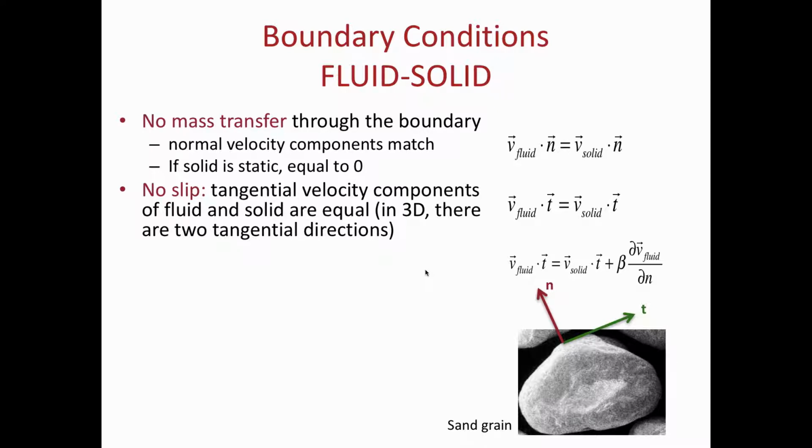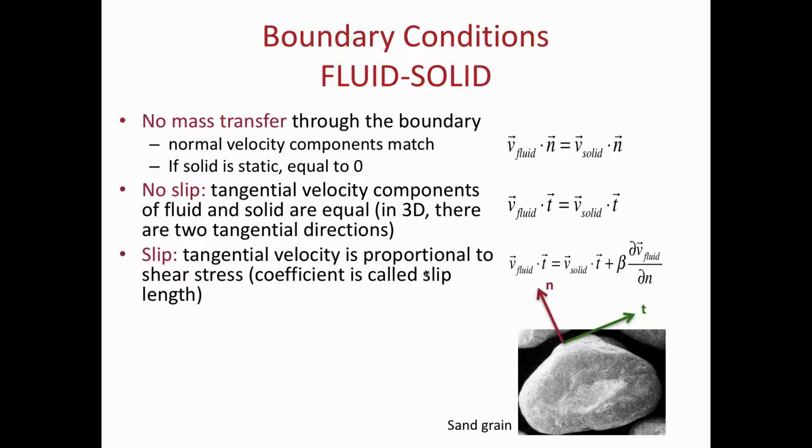So those two velocities are equal. Formally, how do I get a component of any vector in the direction of a unit vector? I do a dot product, and that gives me that component. So the dot product basically projects a vector onto a vector.